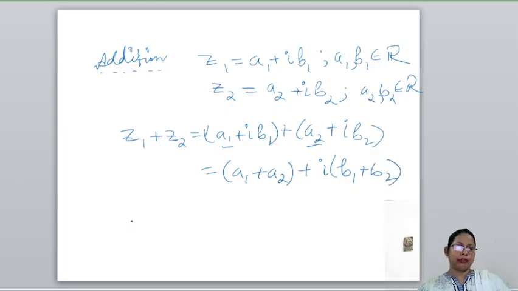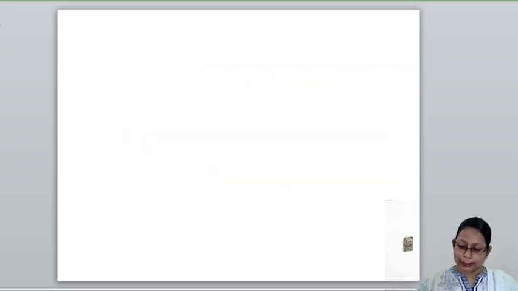As you have already studied the algebra, argument and modulus of complex numbers in your first year, I am just giving the review. I'm not going into the detail of each by giving examples, just giving the definitions because I need these things here. Next is subtraction of complex numbers.